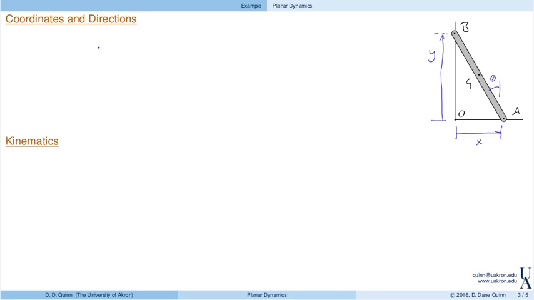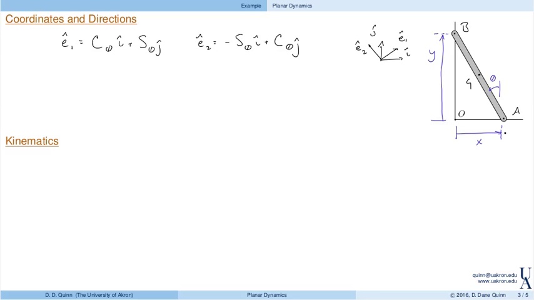Here we have these three coordinates, and in terms of the directions that were given in the problem statement, I and J, and then E1 and E2, we can express these directions. E1 in terms of I and J is cosine of theta in the I direction and sine of theta in the J direction, while E2 will be minus sine of theta in the I direction plus cosine of theta in the J direction.